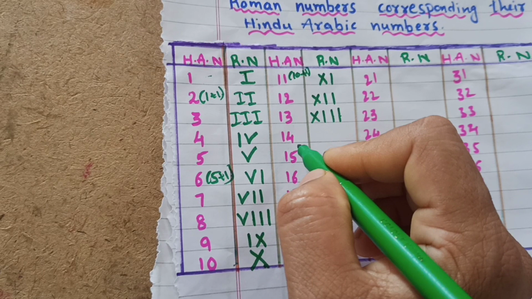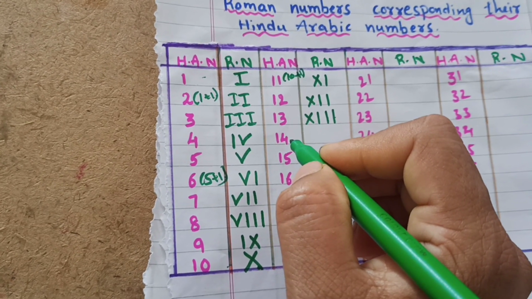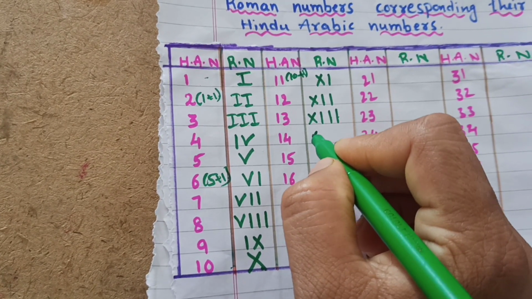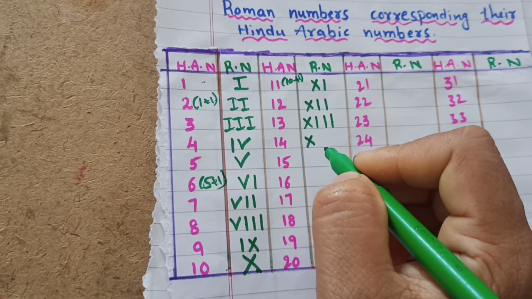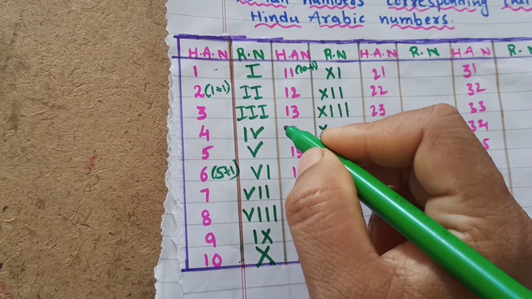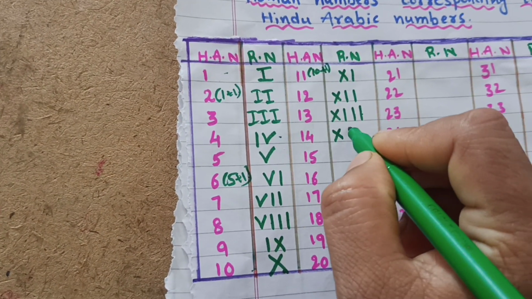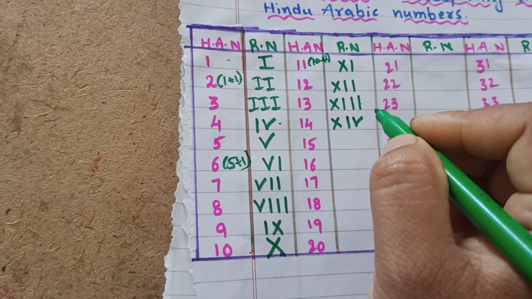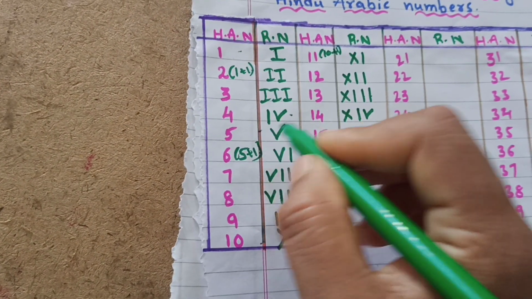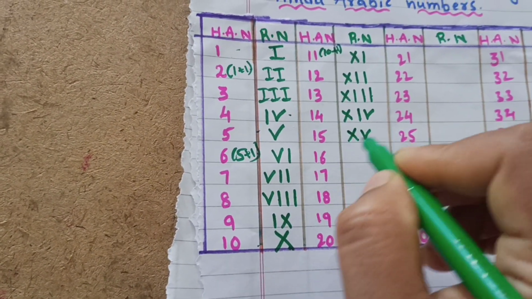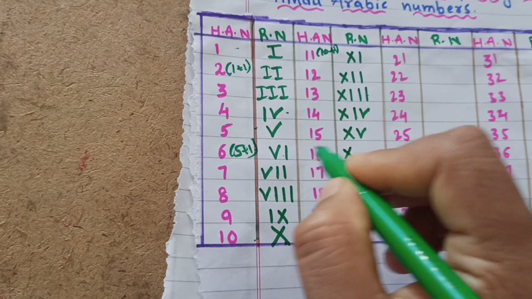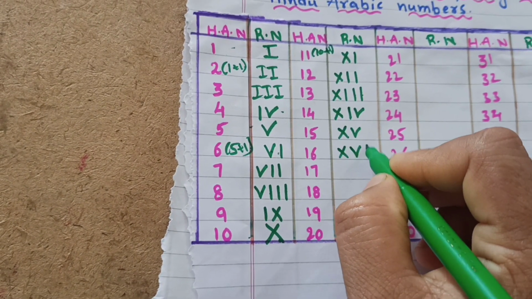Now coming to 14. 14 can be written as 10 plus 4. We know 10. How can I write 10? Yes, X. Now we know 4, IV. Like that only. 10 plus 5, 15, XV. 10 plus 6, X, 6. We can write XVI.